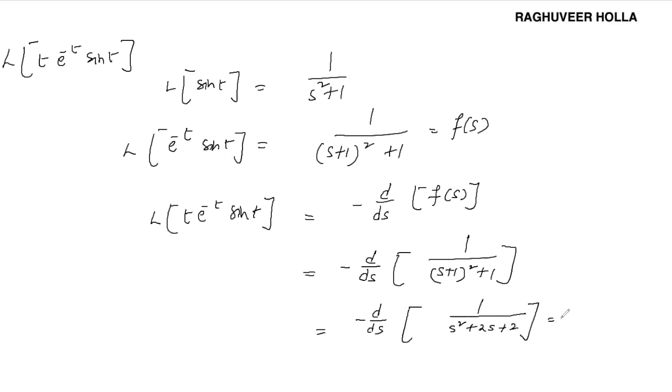Now differentiation with respect to s, we get 2s plus 2 divided by s square plus 2s plus 2 whole square.